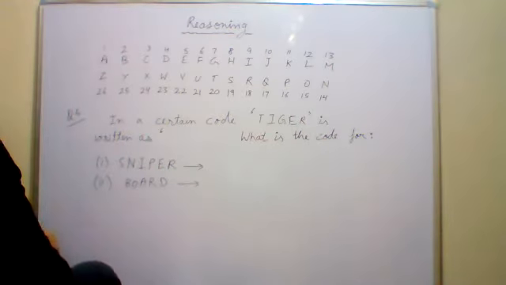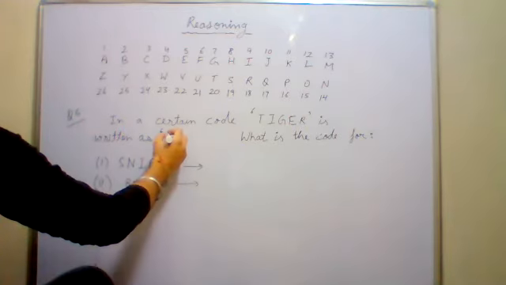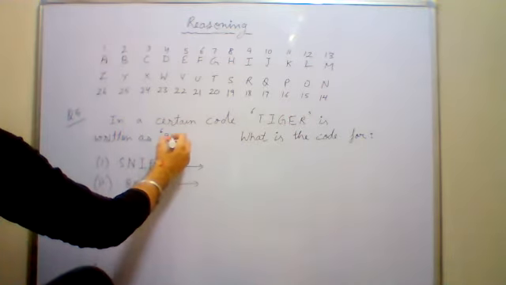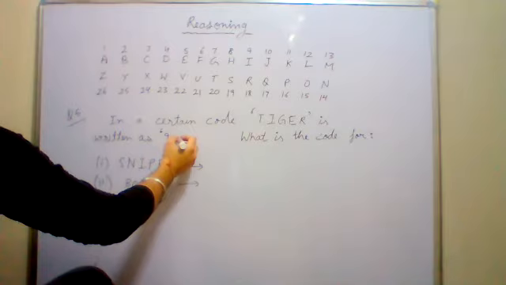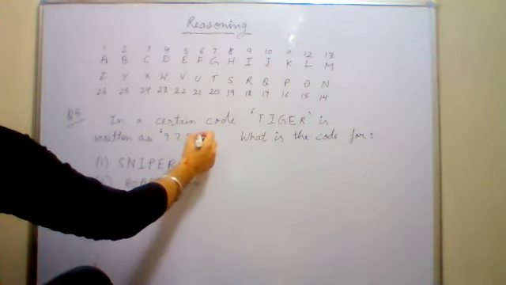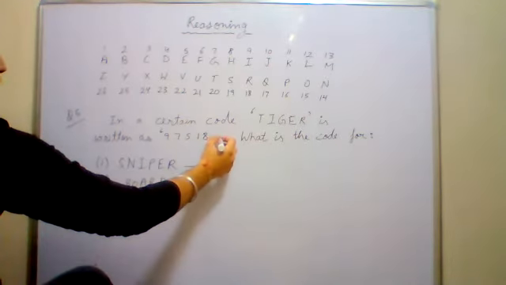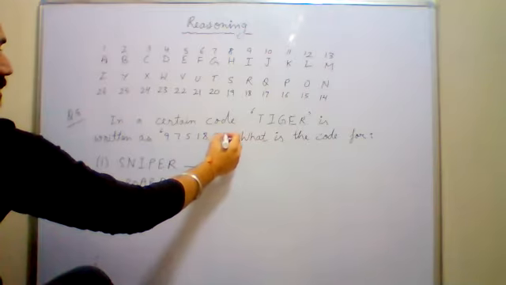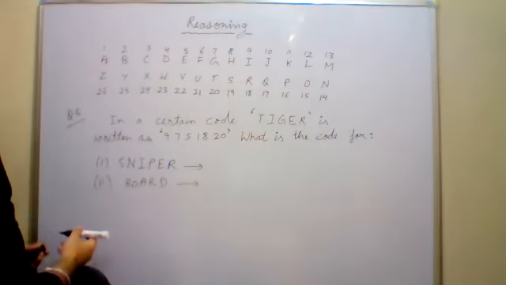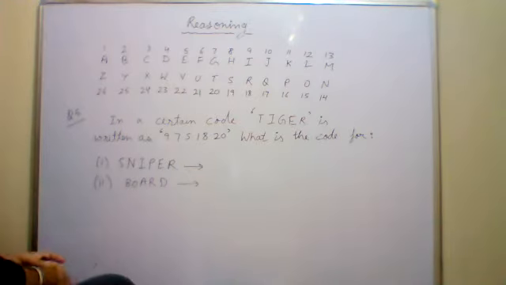So the code for tiger is 9, 7, 5, 18, 20. Give the code for sniper.